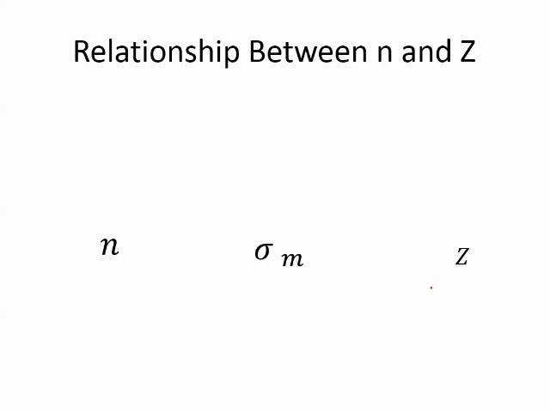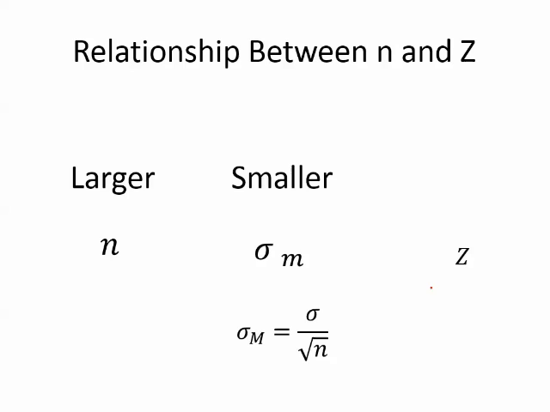As we increase our sample size, as n gets larger, our standard error gets smaller. That makes sense to us, right? If we hold constant our standard deviation and increase our n, we'll make this number smaller.